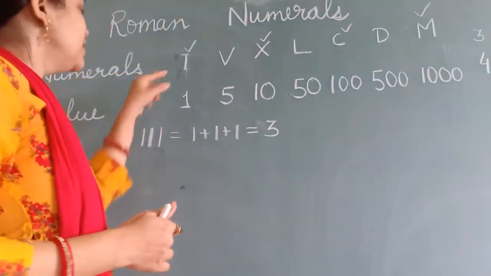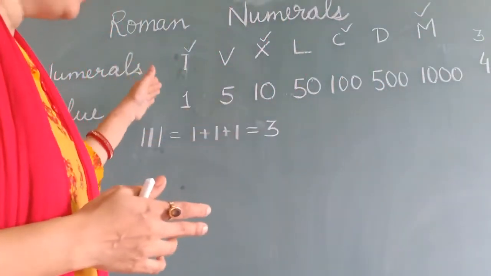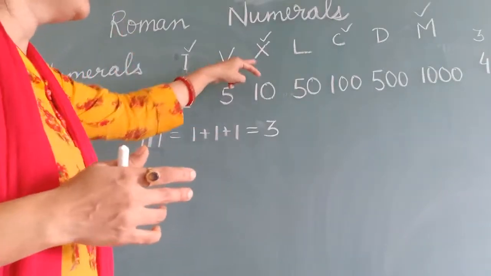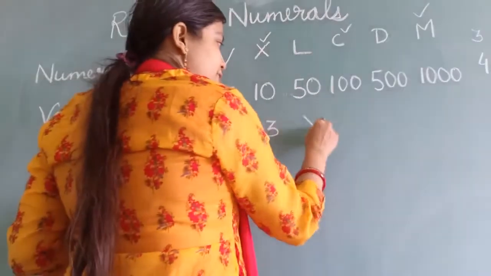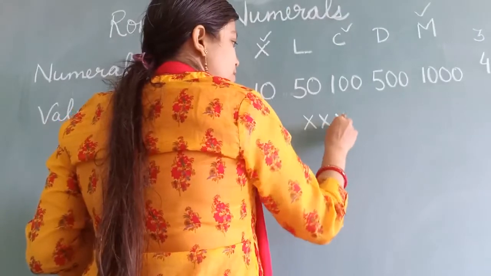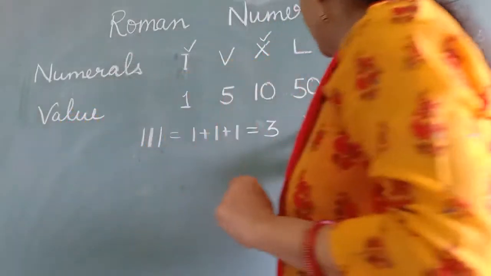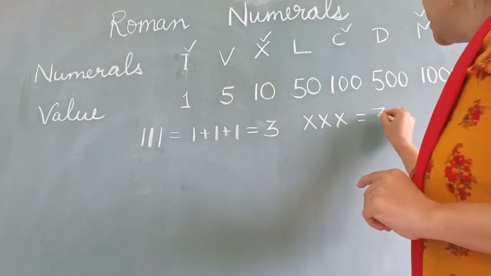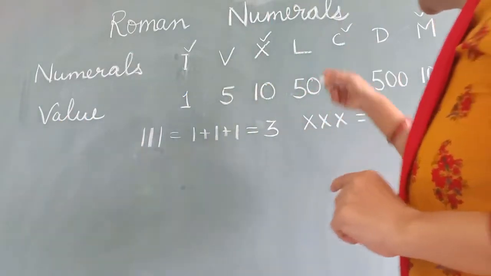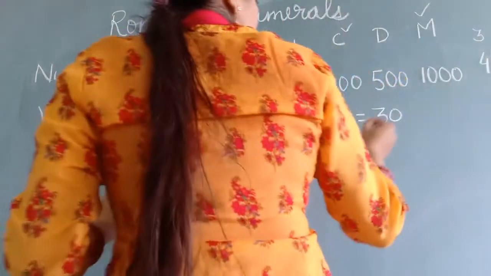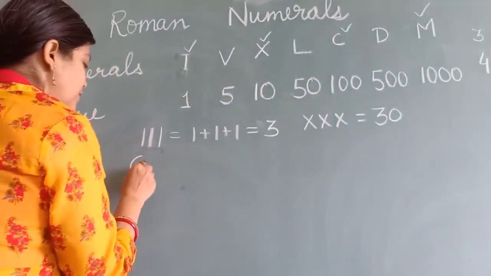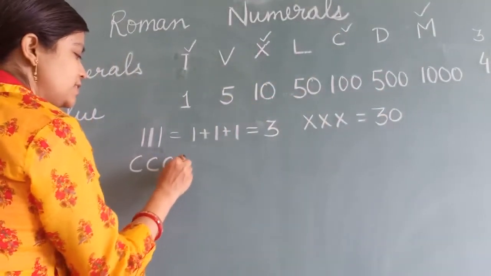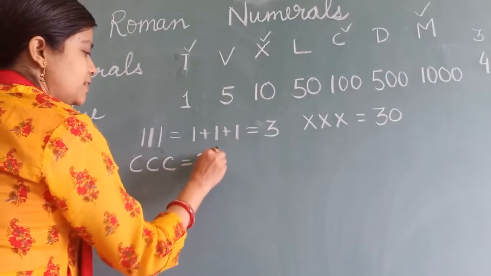For example, I will show how many times we can repeat. X also we can repeat only 3 times. 1 X is equal to 10, 2 X is equal to 20, so 3 X is equal to 30. Similarly, C we can repeat only 3 times. 1 C is equal to 100, 2 C is equal to 200, so 3 C is equal to 300.